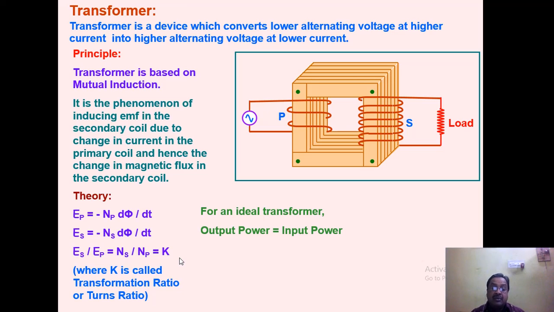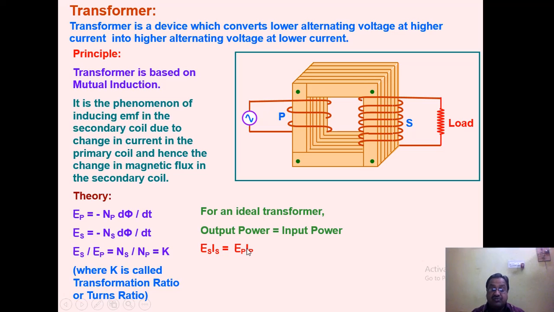If a transformer's efficiency is very good, it is an ideal transformer, and then the power input should be equal to the power output. Power is the product of voltage and current, EMF and current. So output power is ESIS, and input power is EPIP.